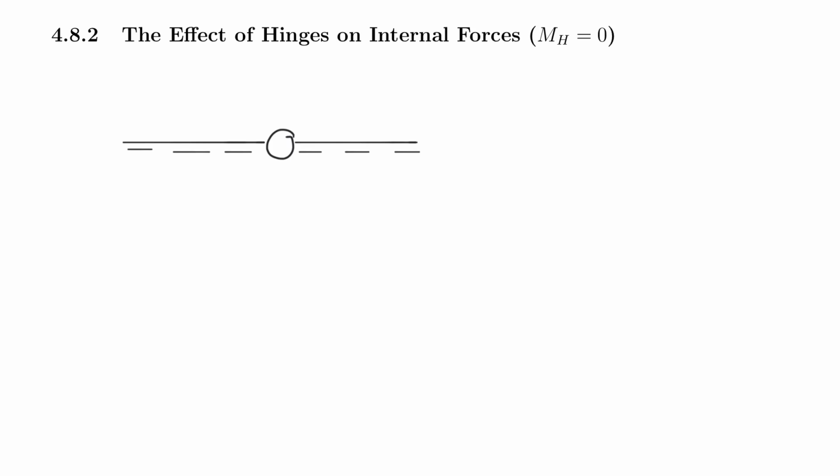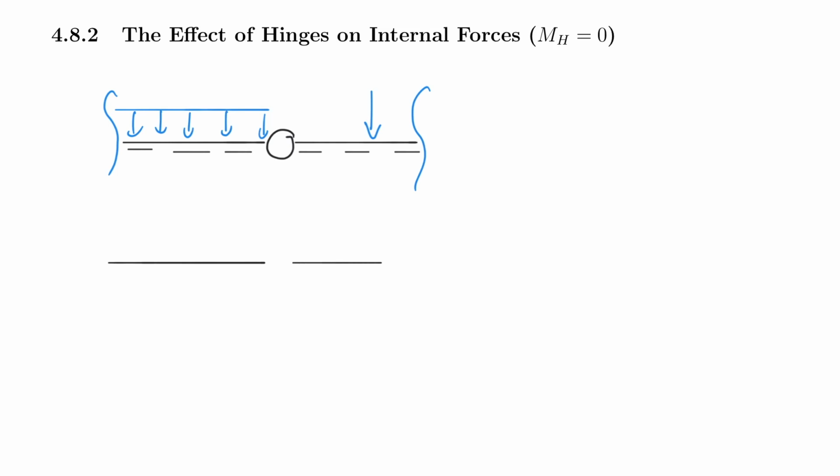So for example, if I have a distributed force here, and maybe a concentrated force here, and who knows what else happens in the system, but then my diagram must pass through zero at the hinge, as mentioned many times before.